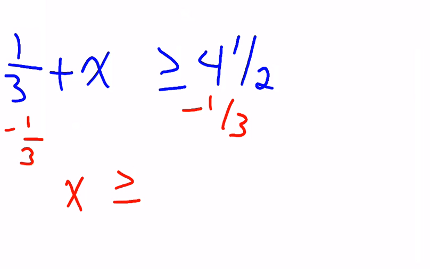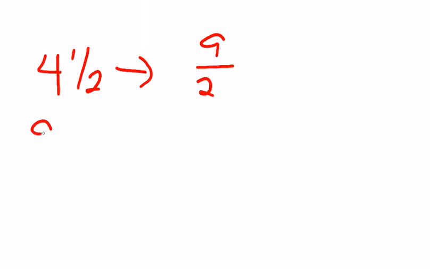And then we have to worry about how to deal with this mixed number and fraction. So 4.5, we have to change that to an improper fraction first. So we take the 4, times it by the 2, add the 1. We get 9/2. So we have 9/2 minus 1/3. To subtract fractions, we need a common denominator.